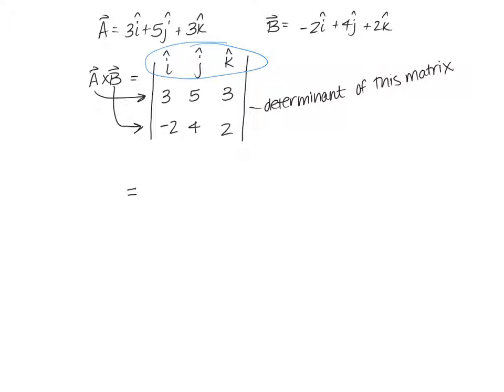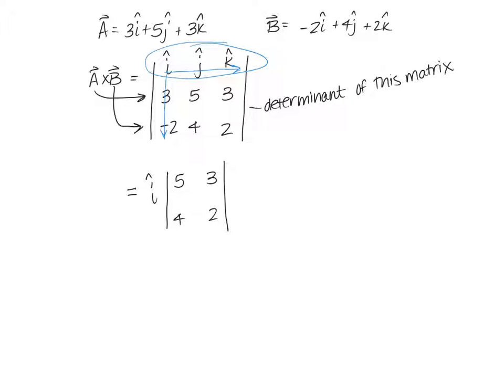So first, in the top row, we have i hat. Now, for i hat, we eliminate the column and the row that i is in. What remains is the matrix elements that we have. So it's 5 and 3 and 4 and 2.